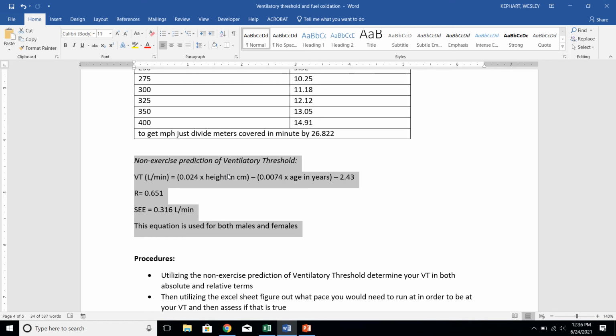Sorry, you would really just do this equation. So 0.0024 multiplied by your height in centimeters, then subtract away your age, and then subtract away 2.43.